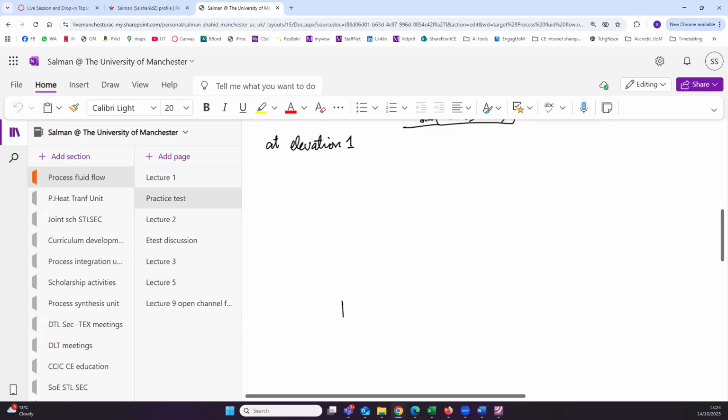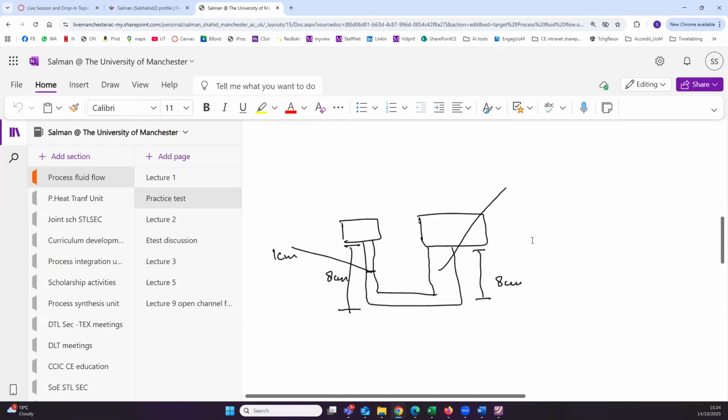Okay, and the diameter here is 1 centimeter. Here the diameter is 5 centimeter. Okay, that's the diameter. Now the question is, if it has the same fluid, oh, you guys can see it. Okay, yes.